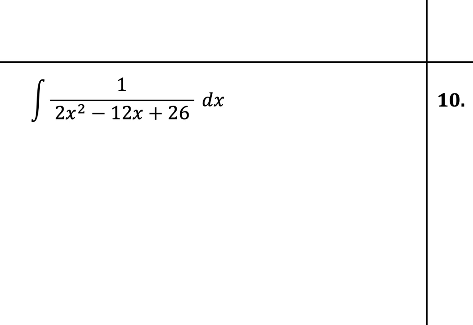Actually, let's pull out a 2 first, just to see that it's not factorable. Right, so not factorable because there aren't two numbers that multiply to be 13 and add up to be -6. So okay, now we can't do it that way. So we'll do completing the square.